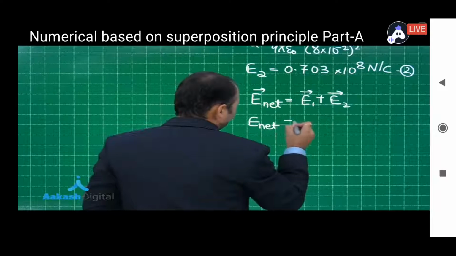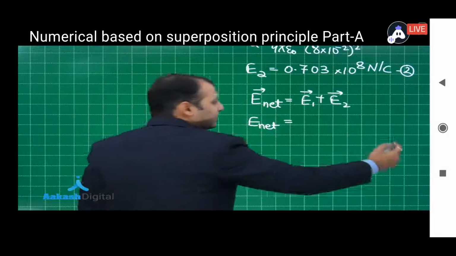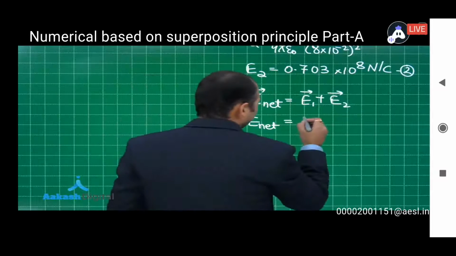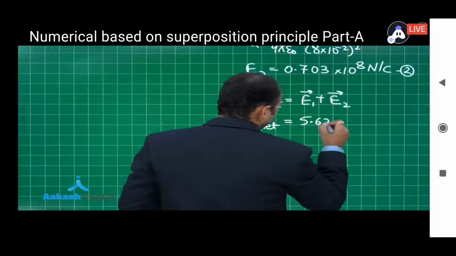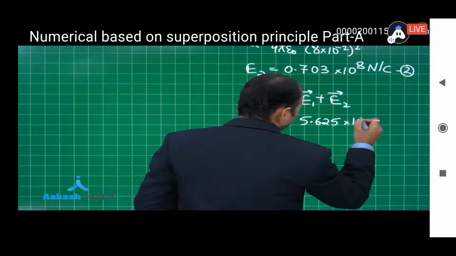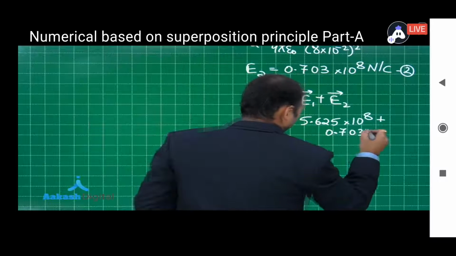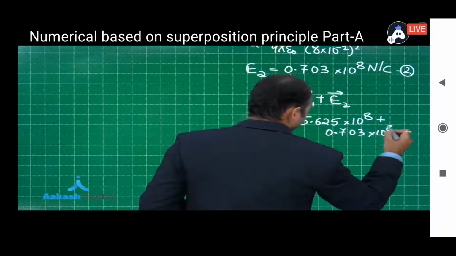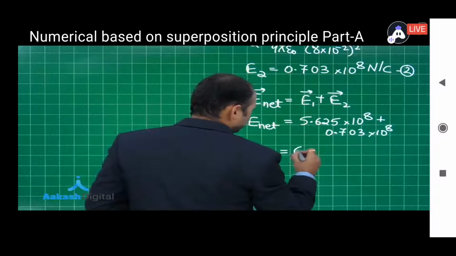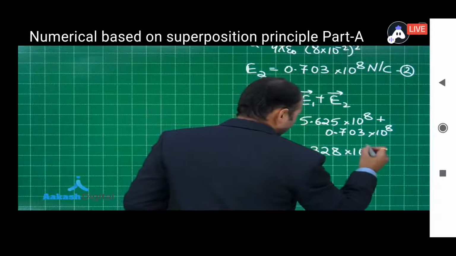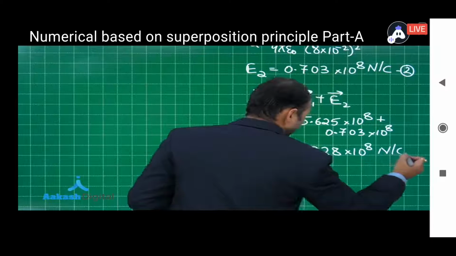So when you solve this, you get E net. I'm just talking about the magnitude here, and then I will write that the direction is towards the minus 25 microcoulomb charge. So that would be 5.625 into 10 to power 8 plus 0.703 into 10 to power 8. This on solution will give you 6.328 into 10 to power 8 Newton per coulomb.